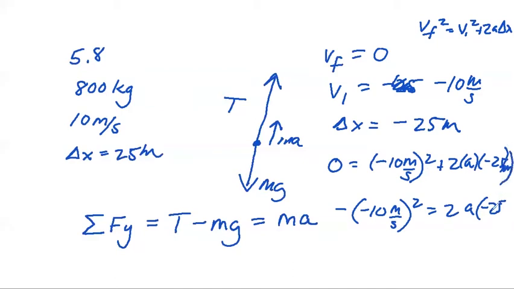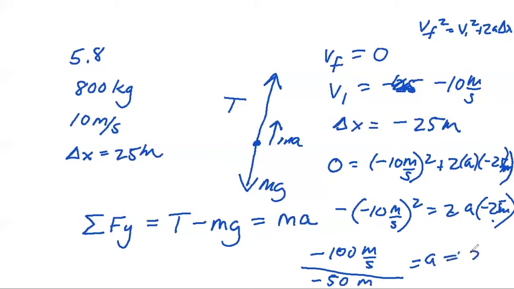I need to be complete. So over here we get negative 100 meters squared per second squared divided by negative 50 meters equals A, and that equals 2 meters per second squared. Okay, so now let me just pause and erase this.